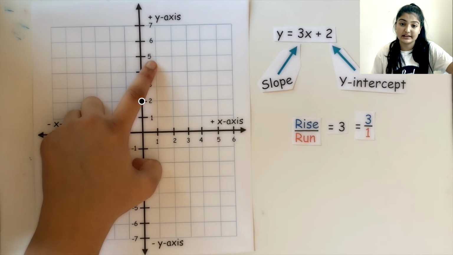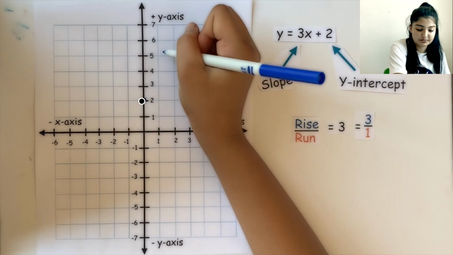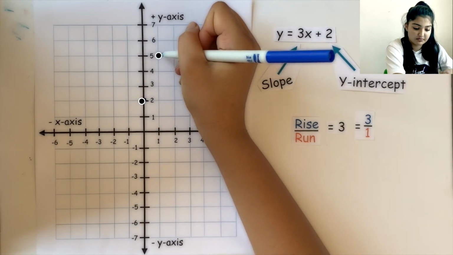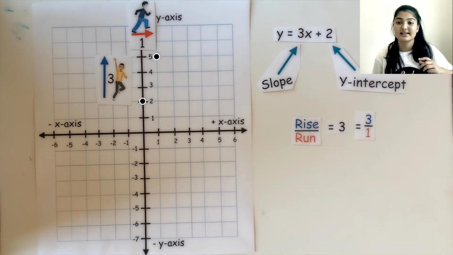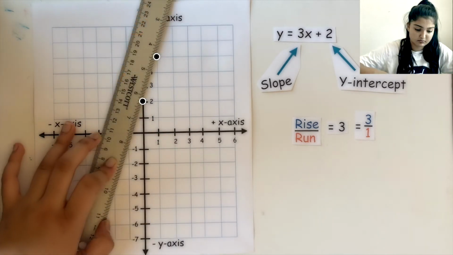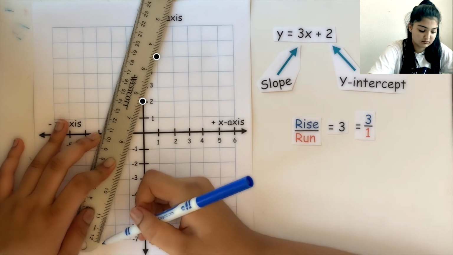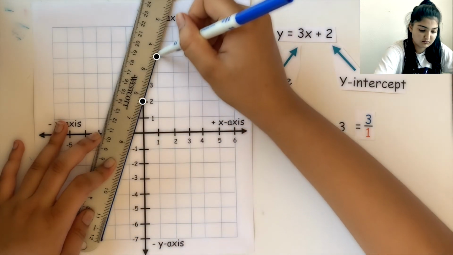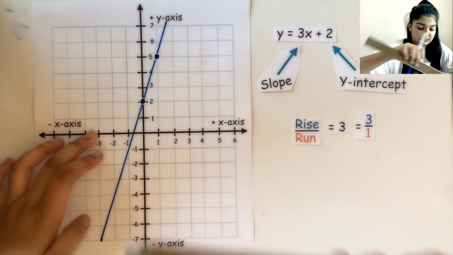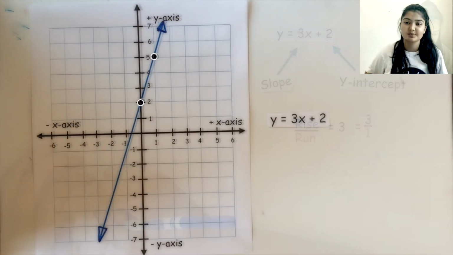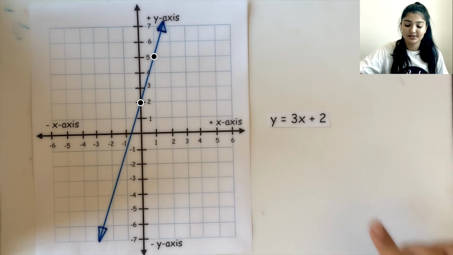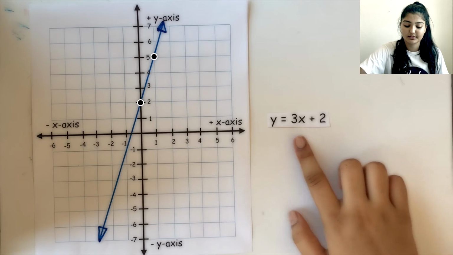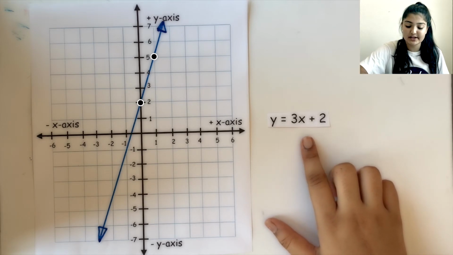This gives us a point here. Now we have 2 points, so let's connect them and graph the line. Great! So we graphed this line using this equation: y is equal to 3x plus 2.